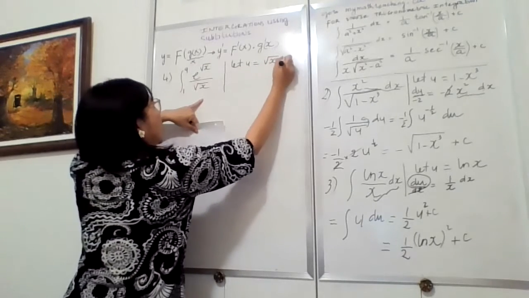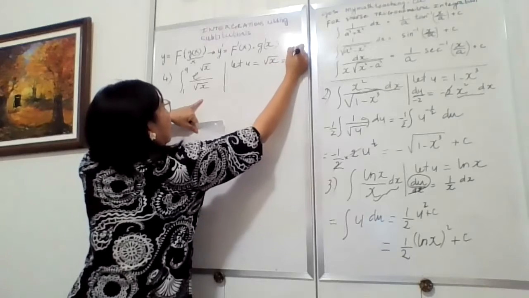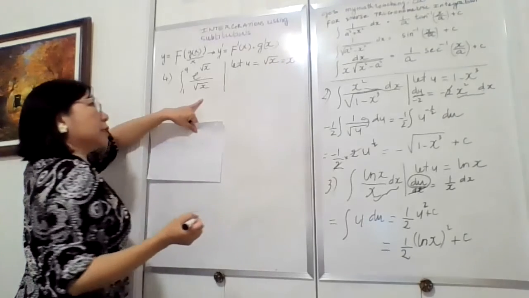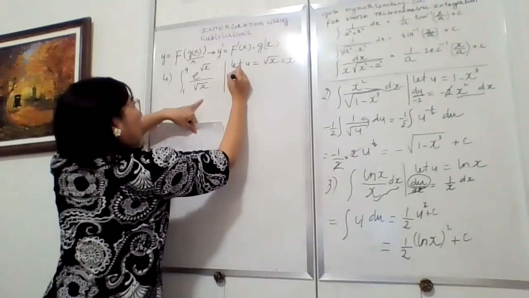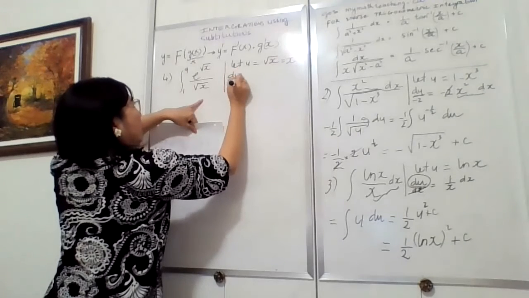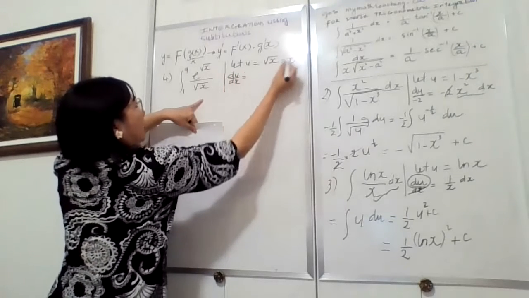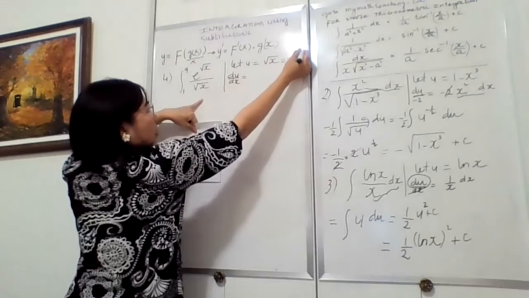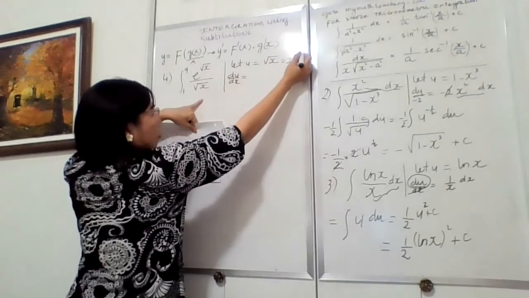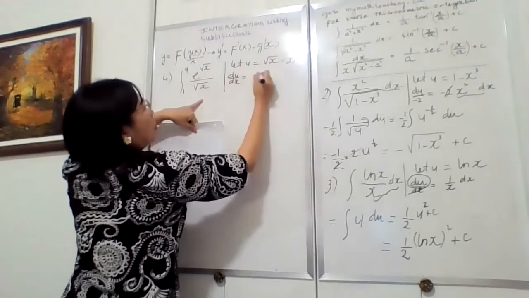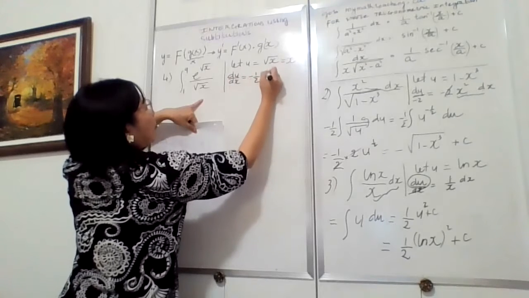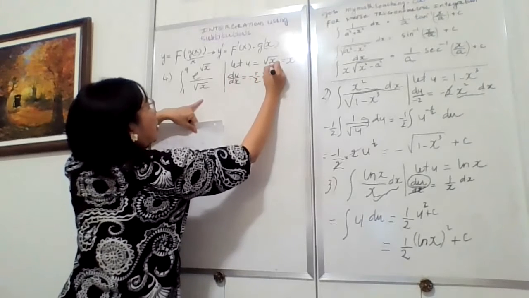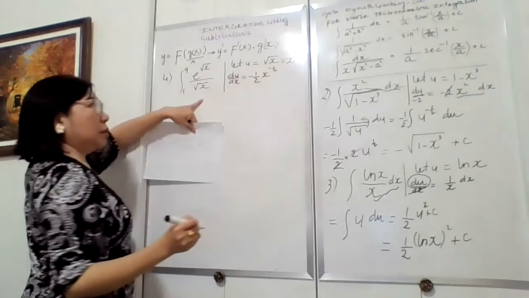And I change this to the rational power, x to the power 1/2. So when I do the derivative du over dx, I subtract 1 from the power, which becomes minus 1/2, right? So this will bring down minus 1/2, and this x becomes x to the minus 1/2 power.